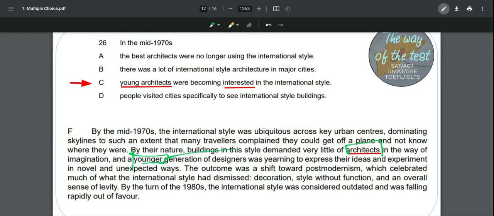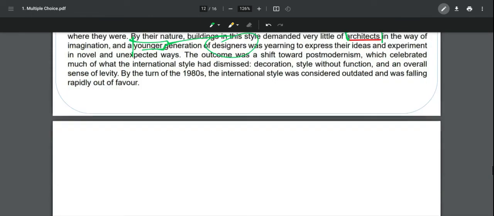It says younger generation of designers, which maybe the designers are the architects, but it doesn't say anything about young architects. And then they say they are becoming interested, but actually they are becoming uninterested, right? So you can always have a superficial reason, which is still valid enough, and then you can go deeper into the question to see what the actual root of the reason is, which is that it's not the right information. So it's not that one.